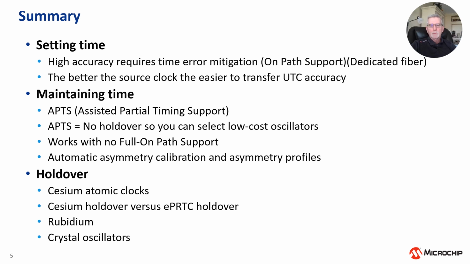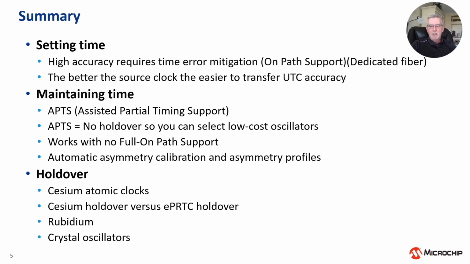But if we want something really good, super accurate holdover, where we need reliability, where we need weeks or months where we don't drift too far off from UTC, we can use the enhanced primary reference time clock or ePRTC holdover systems, where the holdover component or oscillator is not inside the receiver, it is outside the receiver in a package that's called the cesium atomic clock package.